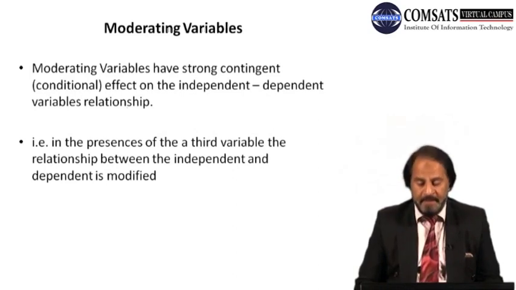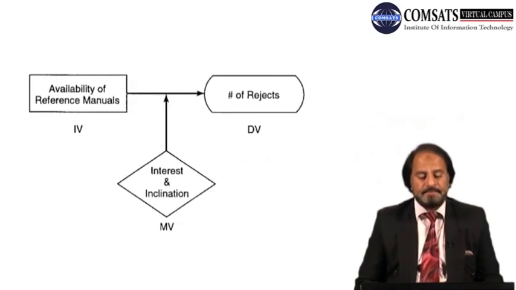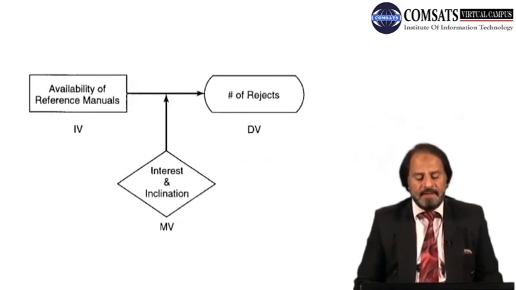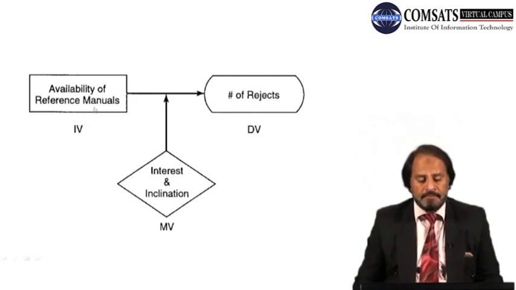Such as we said that if the availability of the manuals is greater, the rejects will be reduced. So the more the availability of the manuals, the fewer the rejects will be. This was our independent-dependent variables.